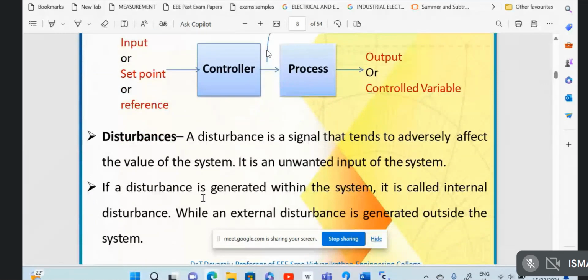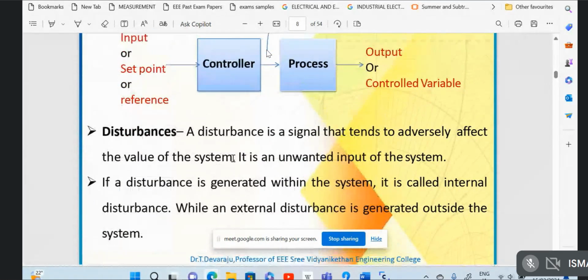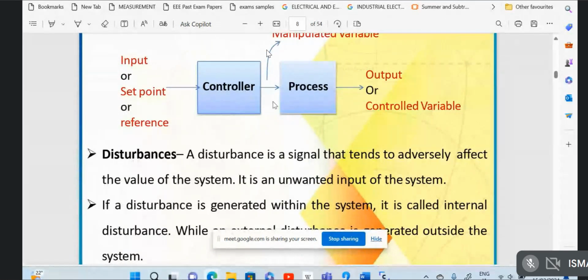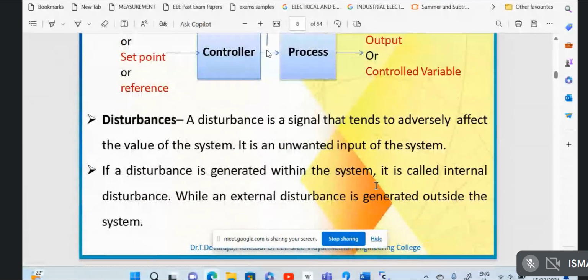Now, as much as we are working within the system, sometimes we have a disturbance. These are unwanted inputs to the system, and sometimes they can be generated within the system.